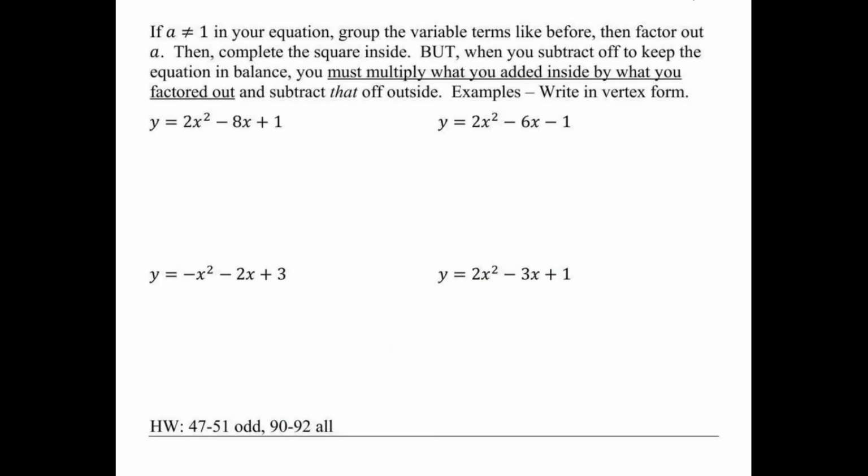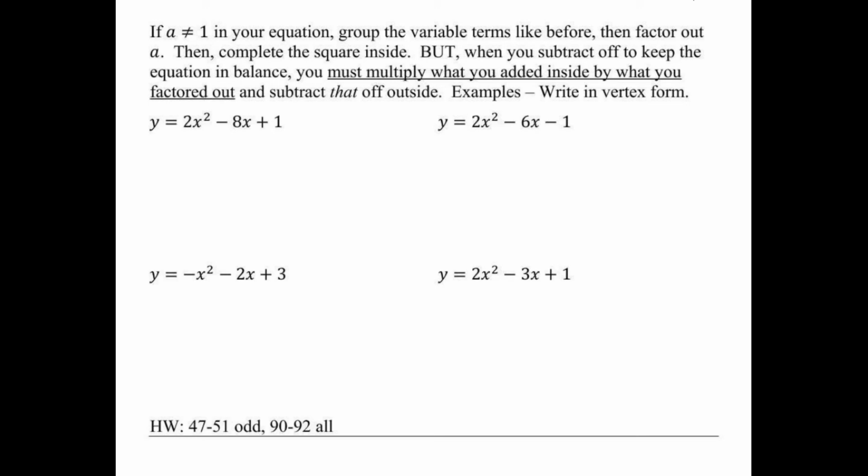So those 4 problems dealt with A was 1 on the x squared term. But if A is not equal to 1, then we have the same situation as when we were trying to solve the equation using completing the square. We must get A to be 1 before we can complete the square. Okay? So, but we're not solving the equation, so we cannot divide.